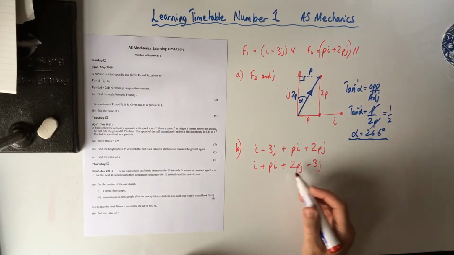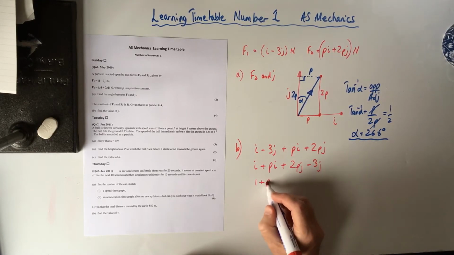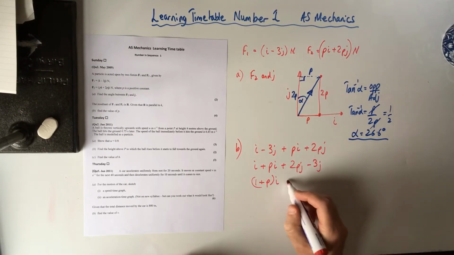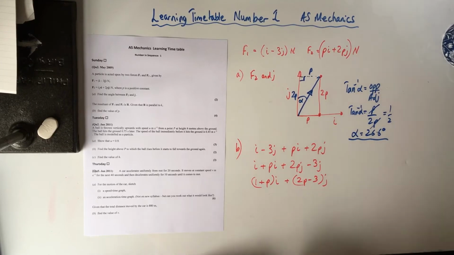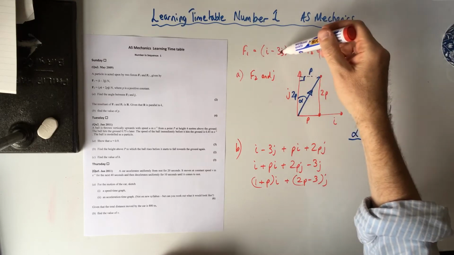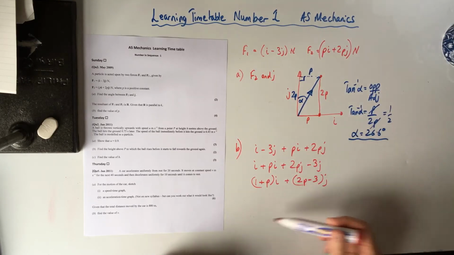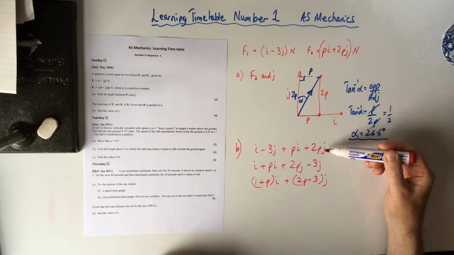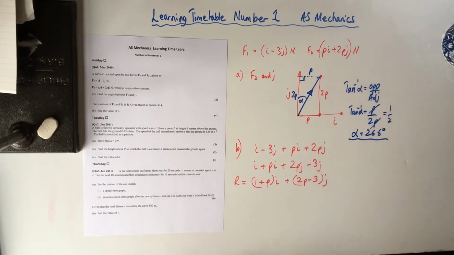I'm going to factorise and take out the i's: 1 plus p, all of i, plus 2p minus 3, all of j. And there you have it. Any vector in terms of i and j is an amount of i plus an amount of j, so along that much i and up that much j. That's our resultant, written in its best form.